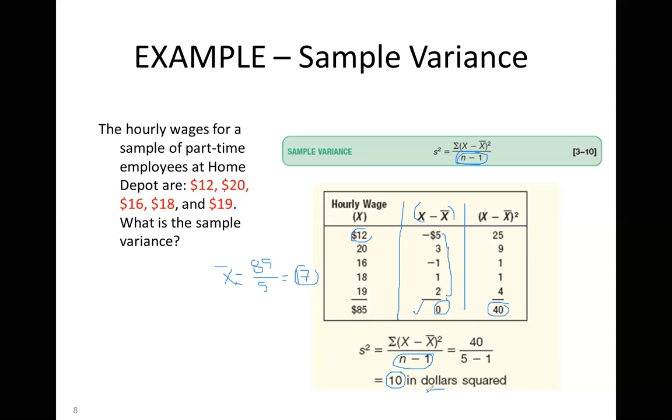Still, the unit of measurement for the variance is squared, and that does not have real meaning. What is the meaning of the variance equal to $10 squared? It does not have real meaning. To explain that, you have to calculate the standard deviation.